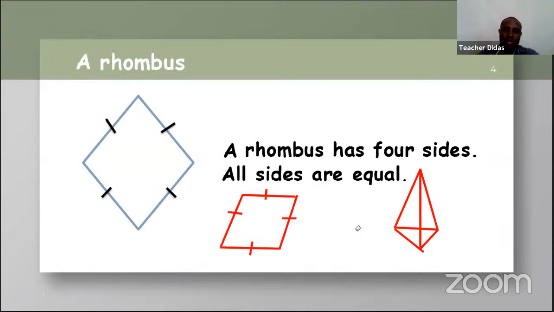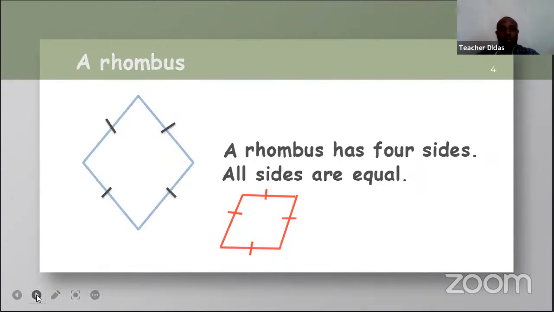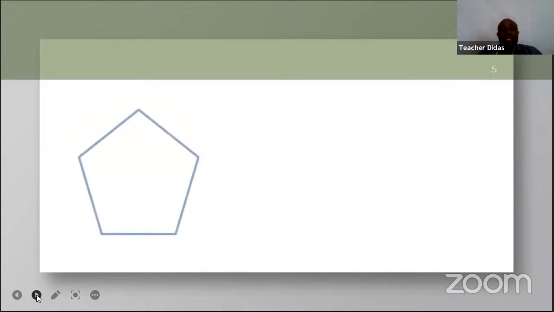Let's go next and we see. What next are we looking at? Okay. I have that one. Oh my God. It has 5 sides. A figure with 5 sides. What name is given to a figure with 5 sides? I want to see those who are putting up the hand.